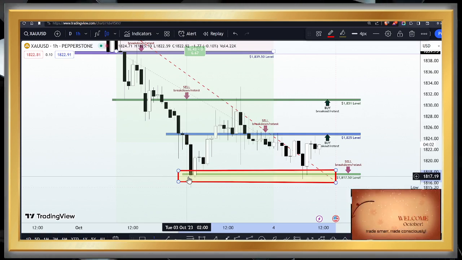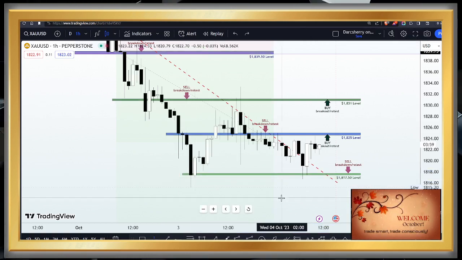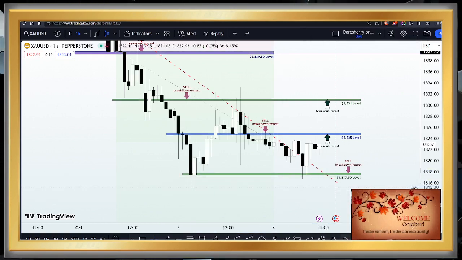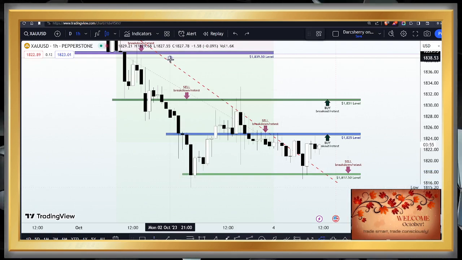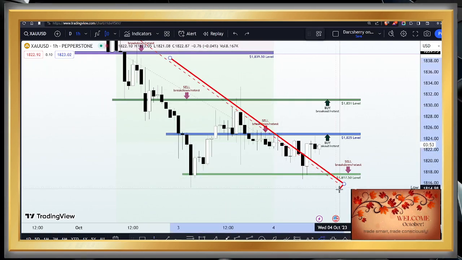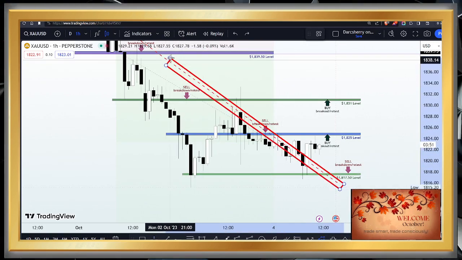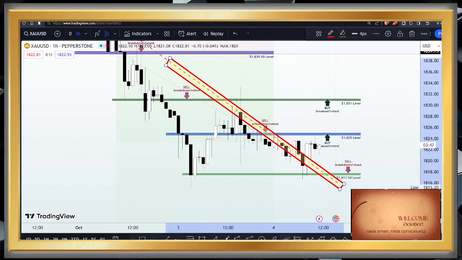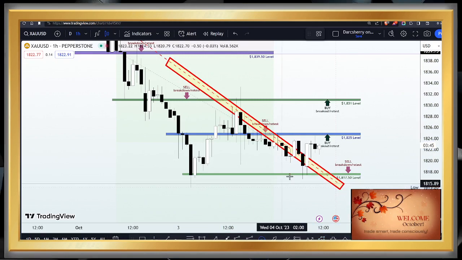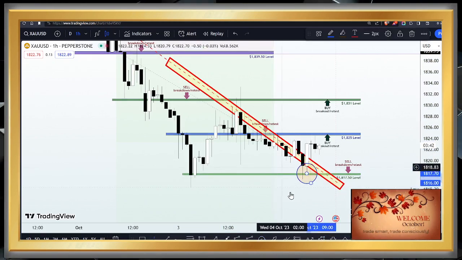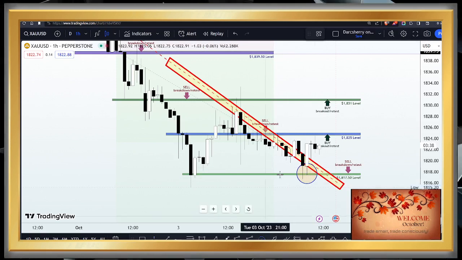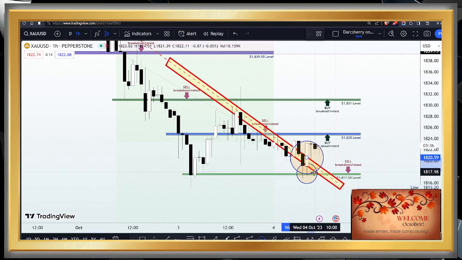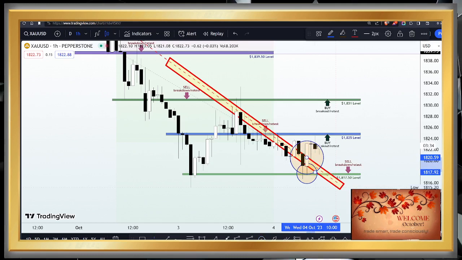Now, let us look at what has been going on here in the last 3 to 4 hours. Now, this is the trend line we spotted at the beginning of the week, which has been respected consistently by the sellers. And look at what happened here about 4 hours ago after a sharp rejection of the $1,817.50 zone. We saw an engulfing bullish candle breaking out of that descending trend line.